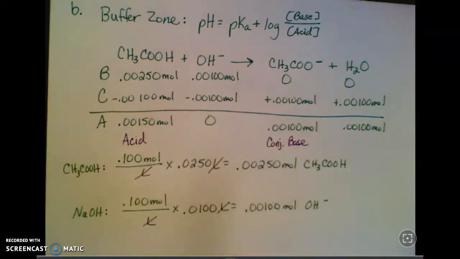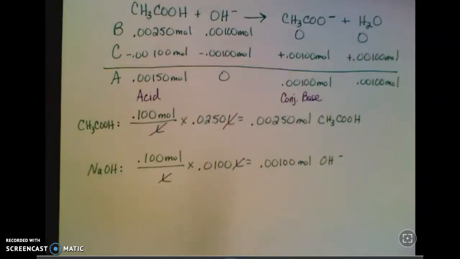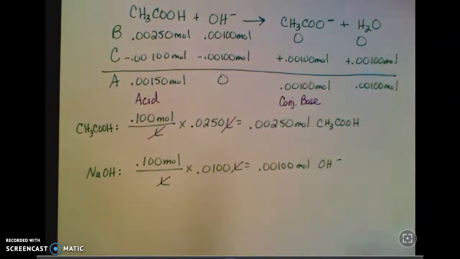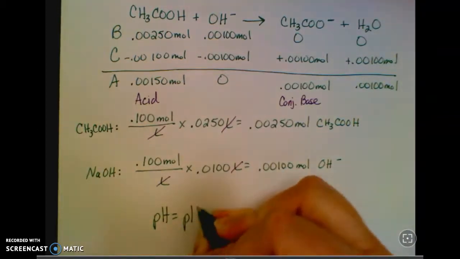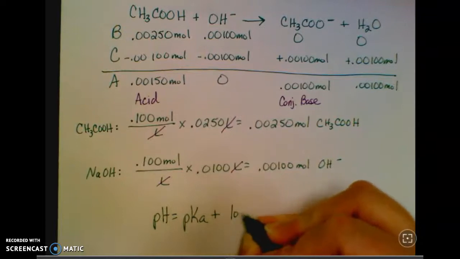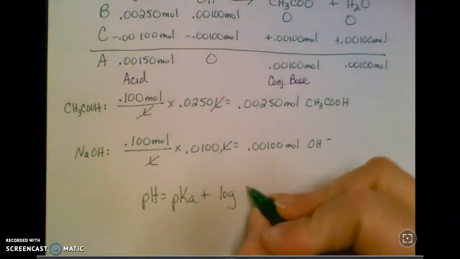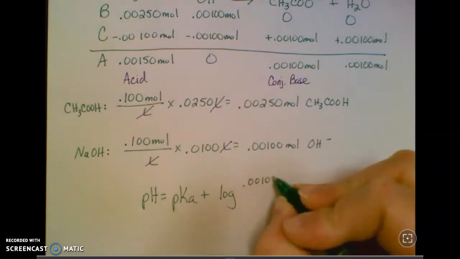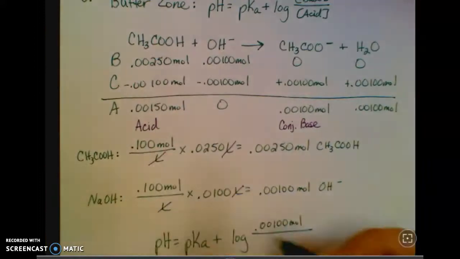So at this point, I'm just going to plug into the Henderson-Hasselbalch equation. pH equals pKa plus the log of the base concentration, 0.00100 moles, over the acid concentration, 0.00150 moles.